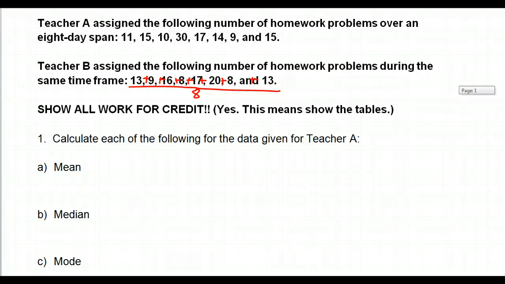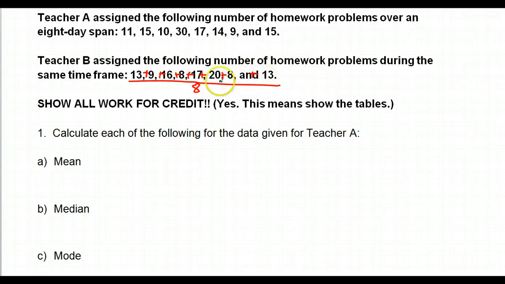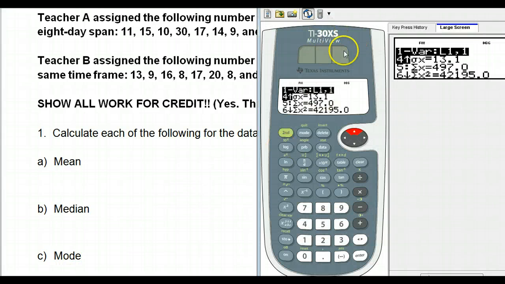But over an 8-day span, yeah, I could divide by 8, and that would be my mean, which is given by x bar, by the way. But today I want to show you how to use the calculator to find these statistics. Specifically, we are using the TI-30XS MultiView.